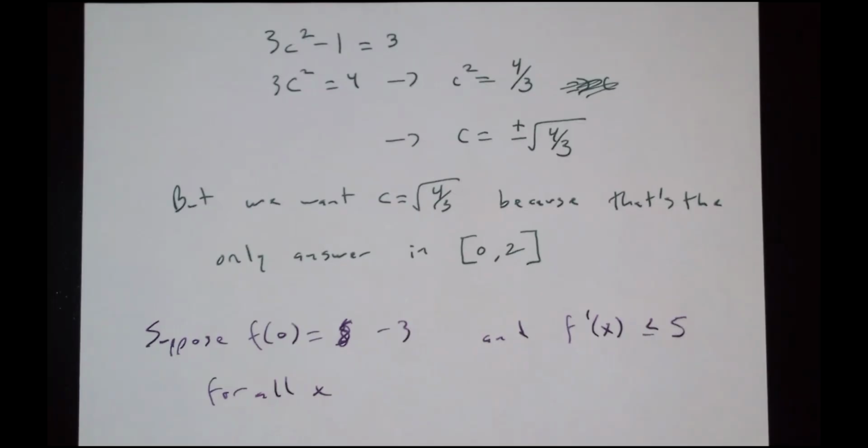Suppose I have a y value. I know that at 0, my y value is -3. I also know that the derivative is less than or equal to 5 everywhere. Two things to note. If the derivative exists everywhere, the function is differentiable everywhere. If it's differentiable, it's automatically continuous. As soon as I say this sentence, both conditions for the mean value theorem have been made true.